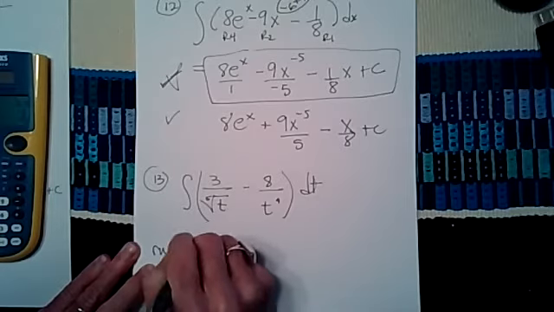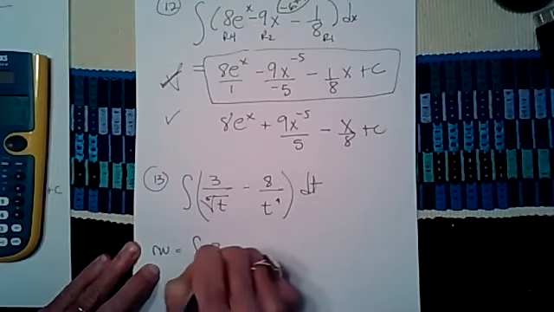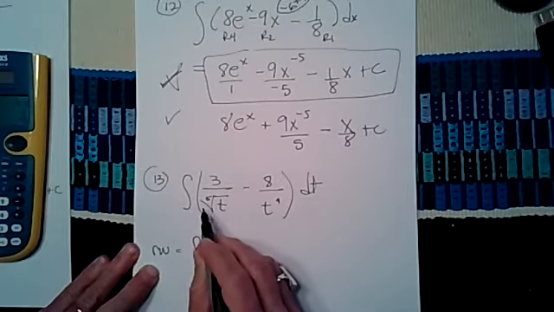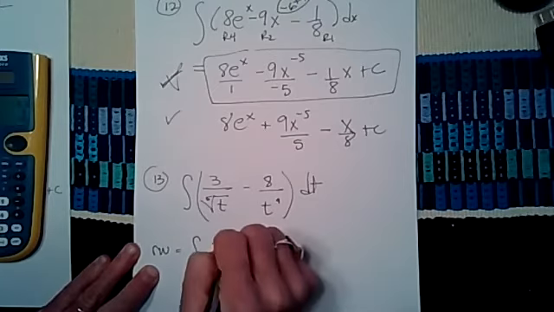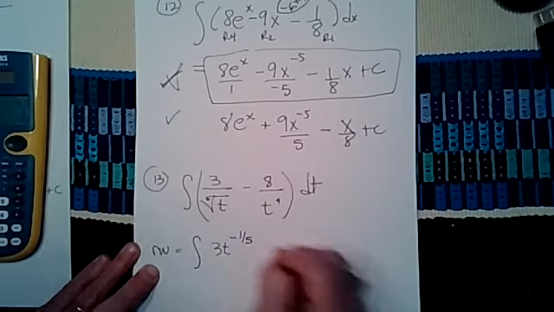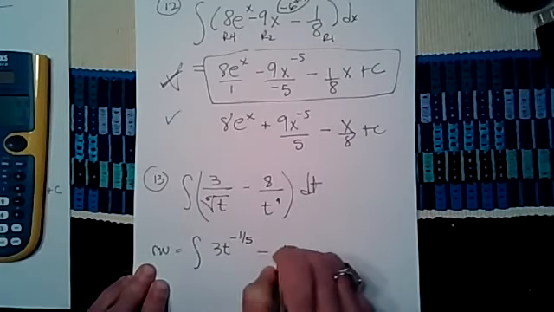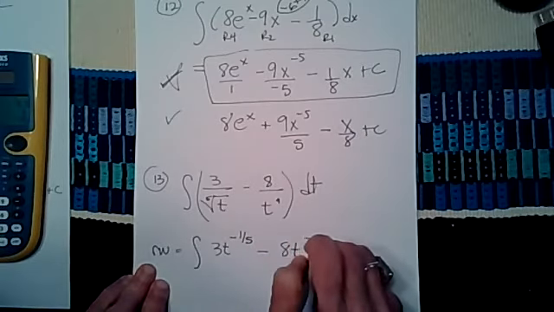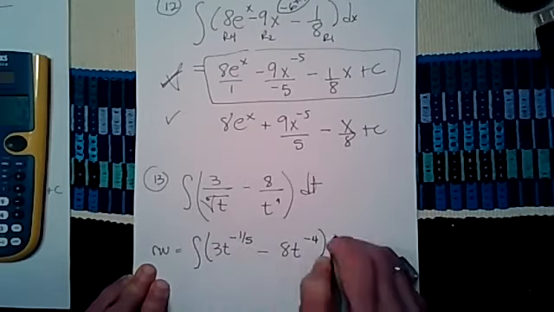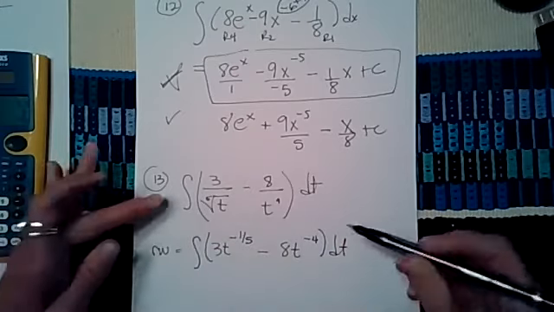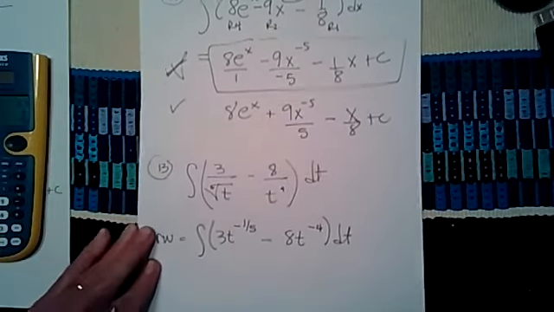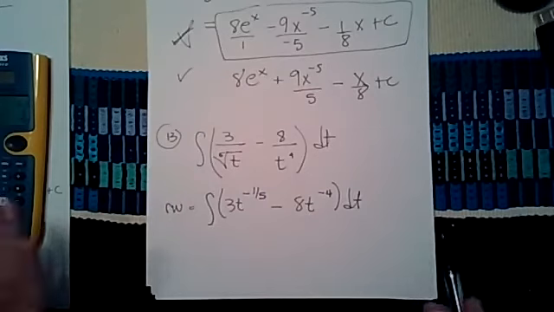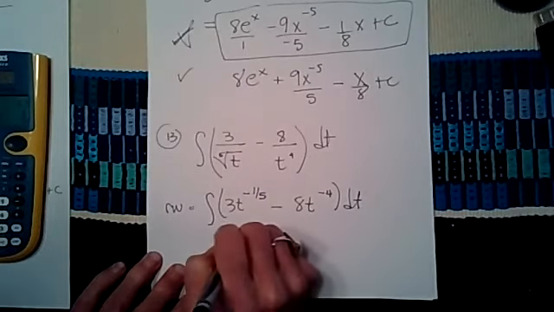So that is going to be 3t, and it's the 5th root, so it's 1/5 on the bottom, but when I bring it up, it becomes negative 1/5, minus 8t to the negative 4 dt. So remember, when I'm rewriting, I leave my integral sign and my dt, so I don't get confused. Only I drop them when I start adding 1 and dividing.